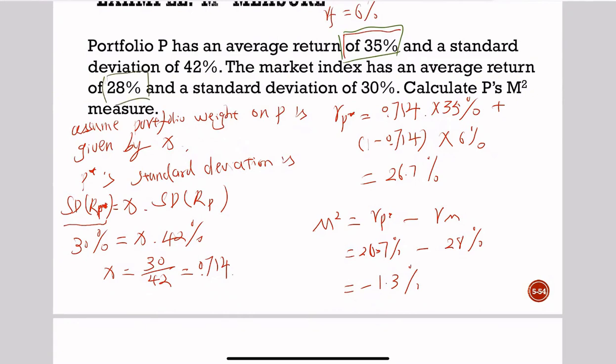So it seems that your portfolio is outperforming the market, but in fact it is not, because you're getting higher return because you're bearing higher risk, right? So you have to make sure P has the same risk as the market index. Then by comparing return, you can say whether you're outperforming or underperforming the market.